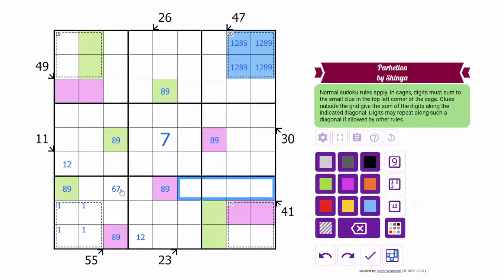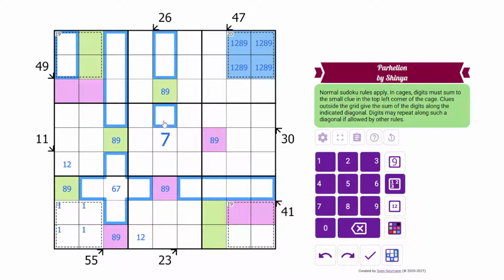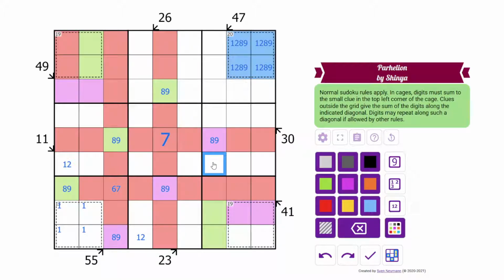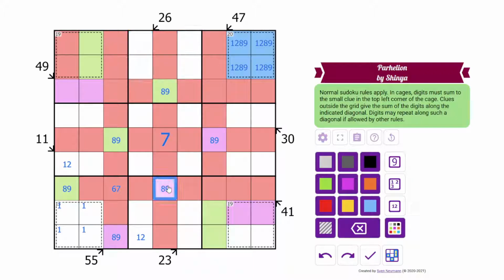Let's highlight every cell that cannot have an 8 or 9 in it, and we'll label that red for now. Just see what we get out of it. See if we can see any interesting patterns. So I know there's 2 greens here. Cancel out greens from there, but we don't have any purples to work with, so I can't exclude anything particular.